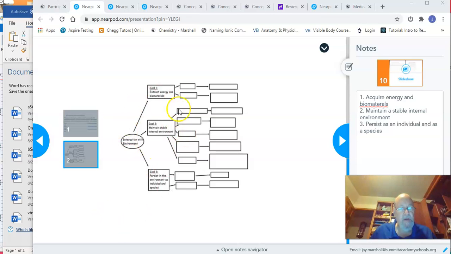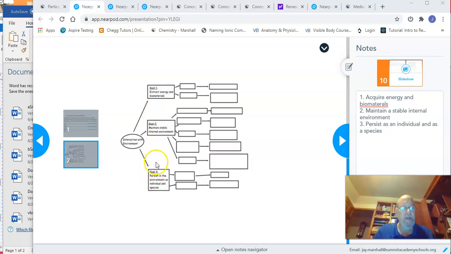And we were just in the middle of beginning our graphic organizer, and we said that to start with, our whole central concept that's going to help us understand everything is that as a biologic organism, I'm constantly interacting with my environment. Now if I'm constantly interacting with my environment, there should be some goals of this interaction.